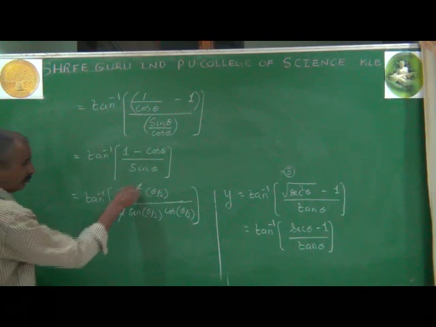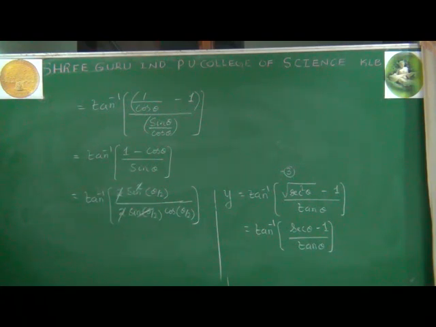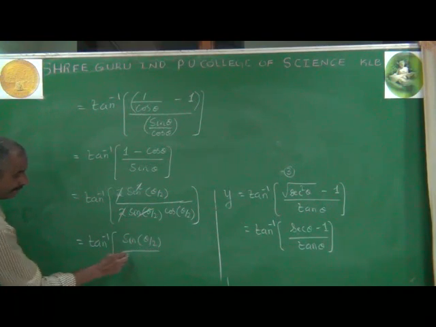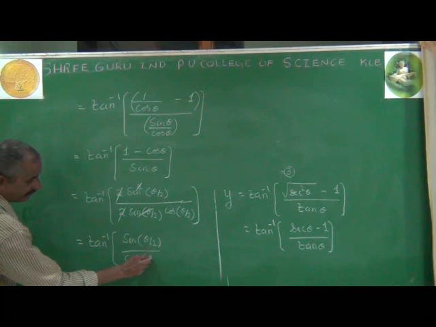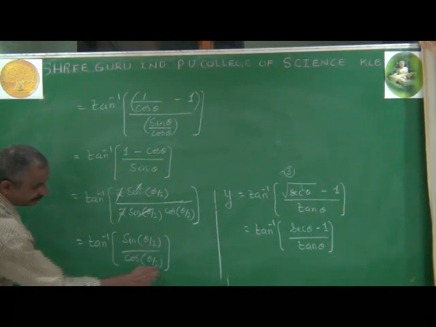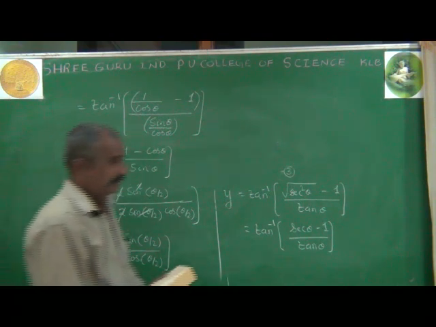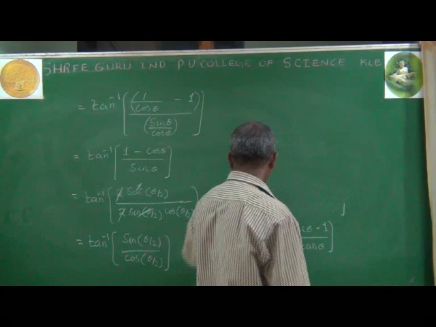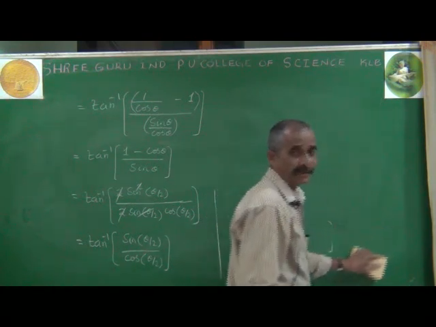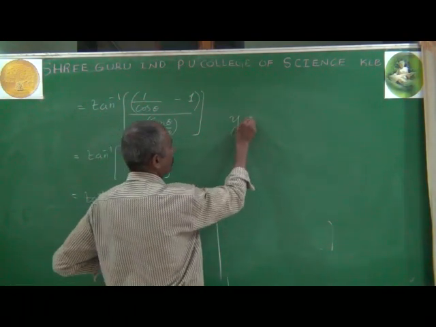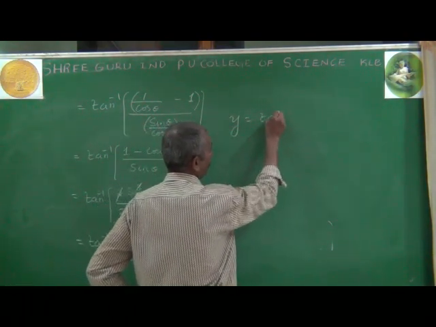At the same time, one factor of sin theta by 2 also cancels out. So what is left is tan inverse of sin theta by 2 divided by cos theta by 2. Again from trigonometry, sin theta by 2 by cos theta by 2 can be written as tan of theta by 2. So y equals tan inverse of tan theta by 2.